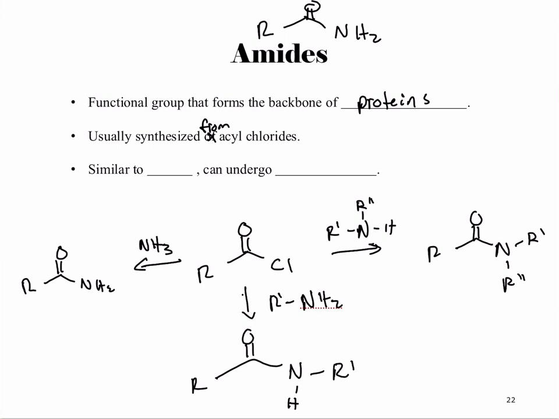And so similar to esters, amides can go through a lot of the same chemistry. They can undergo hydrolysis and then a different type of condensation reaction to bring amines and carboxylic acids together. A lot of times, especially with enzymes that degrade protein structures, they perform the hydrolysis of amides.